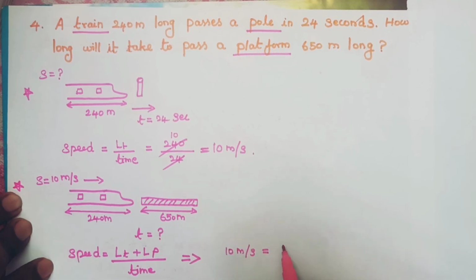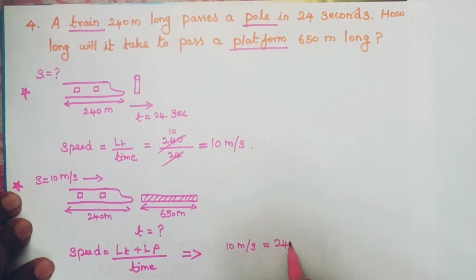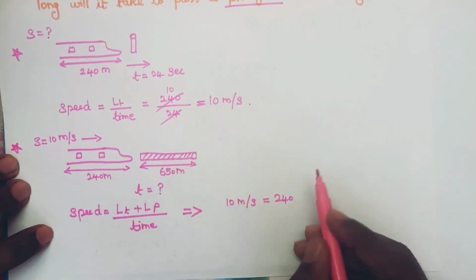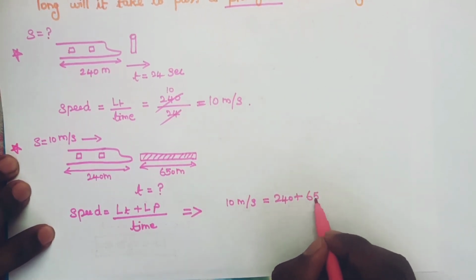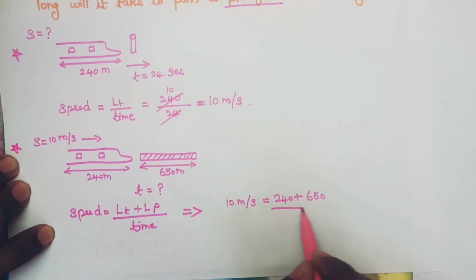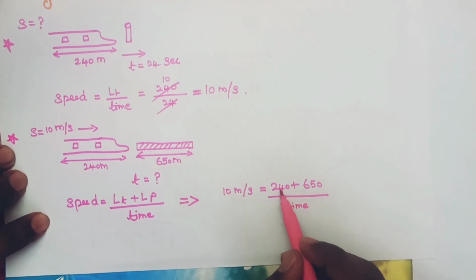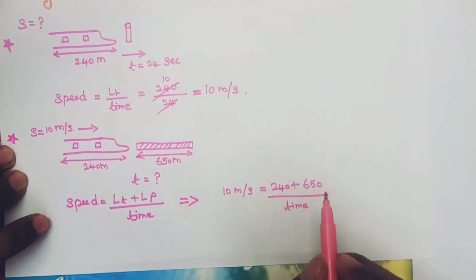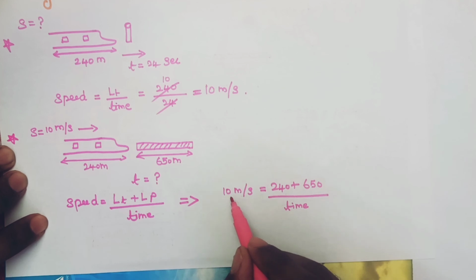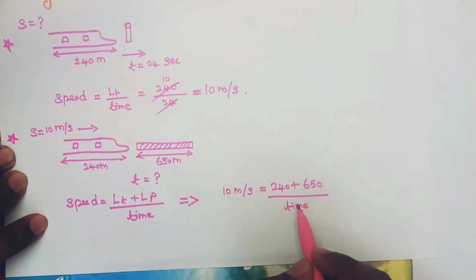That is equal to length of the train is what? 240 meter plus length of the platform is what? 650 meter divided by time. We have to find the time here. And both the lengths are in meter and the speed is in meter per second. So obviously we will find out the time in seconds, right?